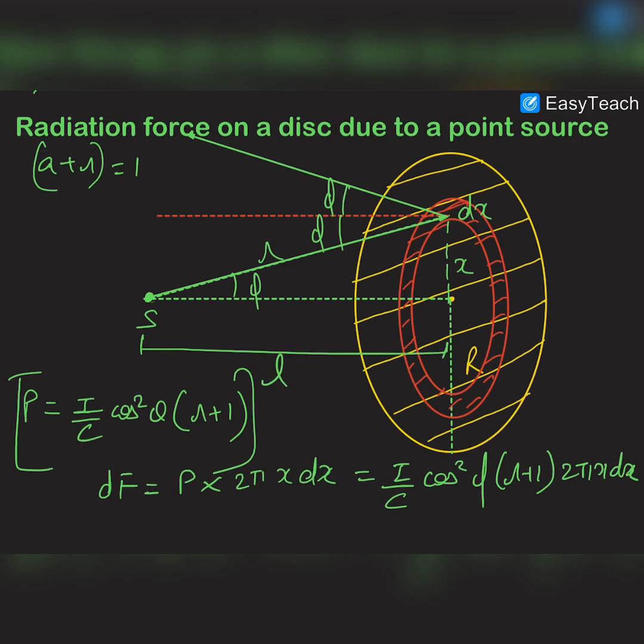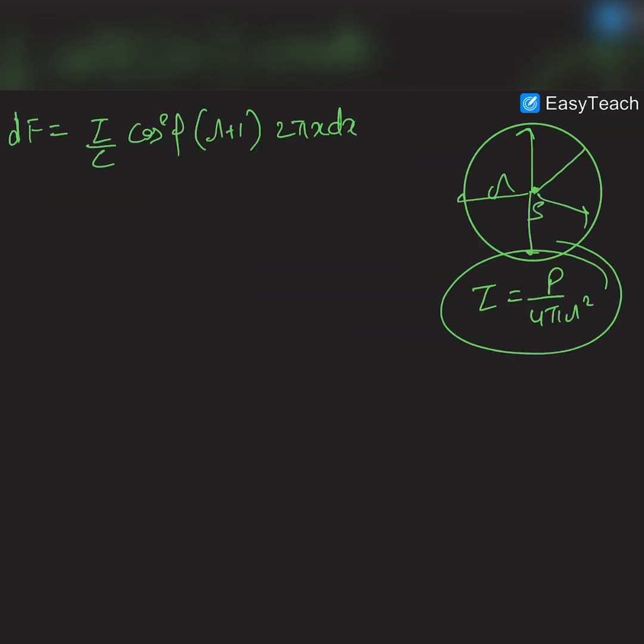So the intensity due to this source at this point will be P by 4 pi small r square. So we have to consider this intensity also. So it is P by 4 pi r square c and cos square phi, and this is r plus 1 into 2 pi x dx. Okay, so this is the expression first of all.